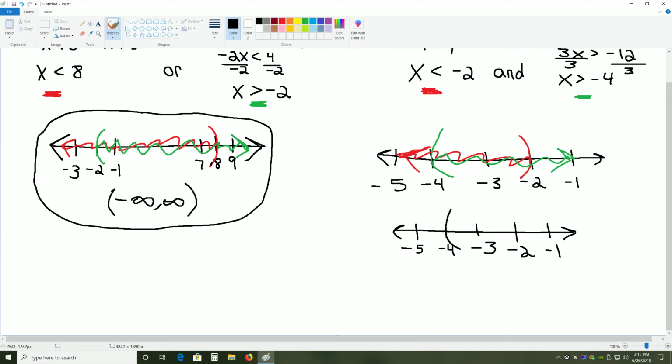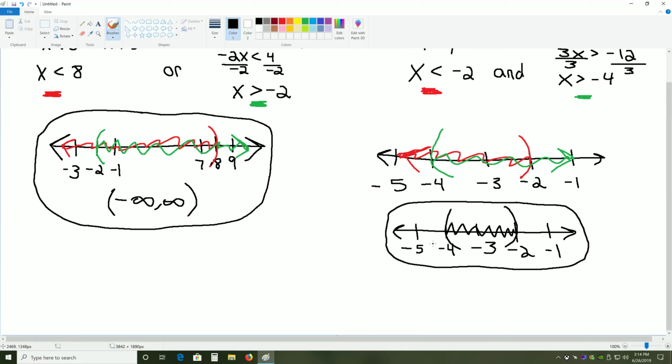We then have shading all the way until -2, at which point we have a red parenthesis but green shading. So we'll put a parenthesis at -2 and shade in between. This is the graph of our final answer.